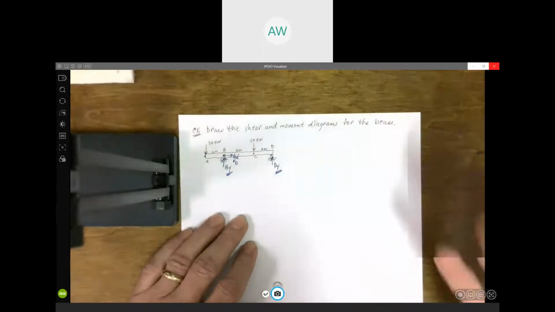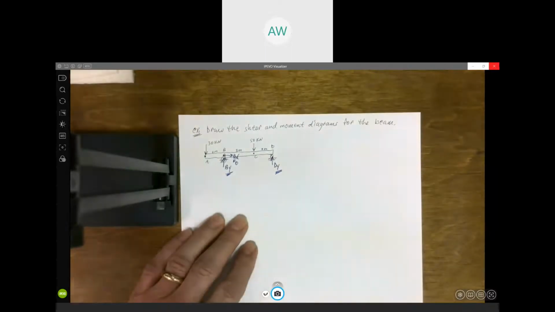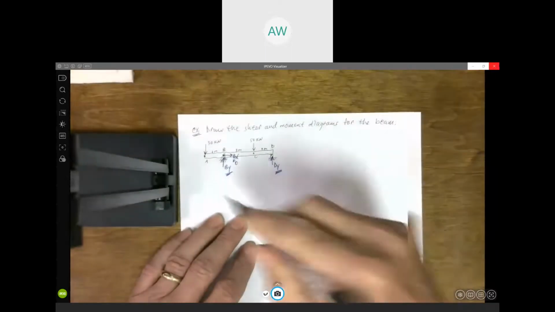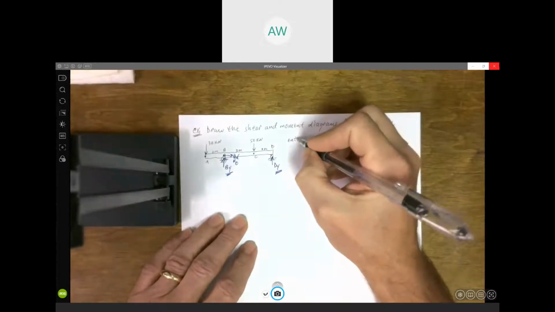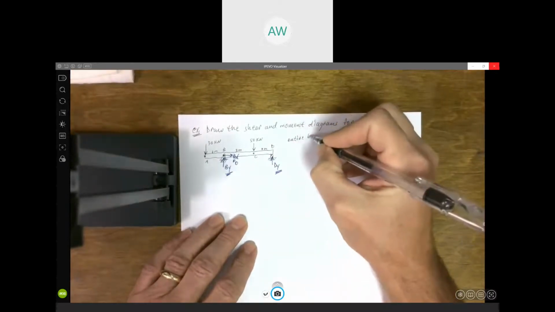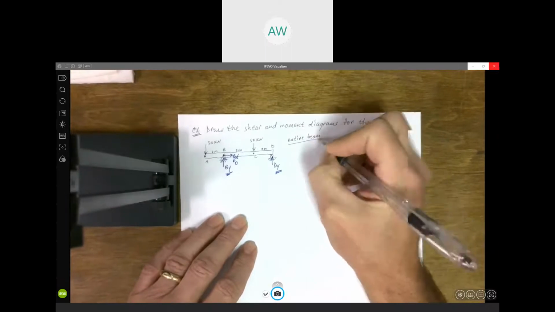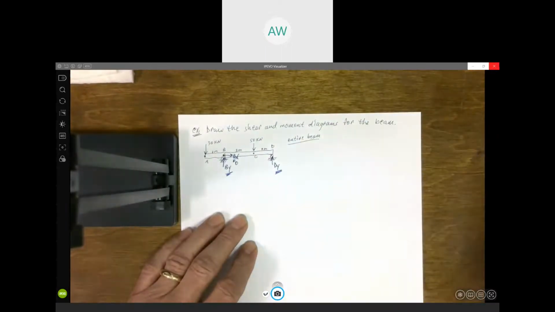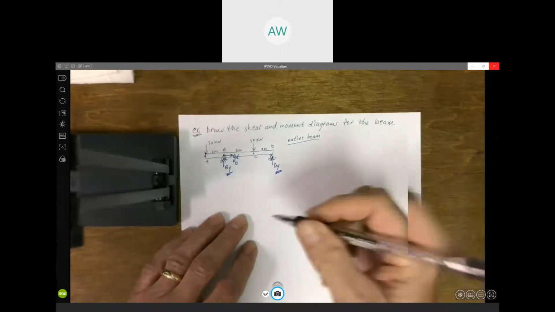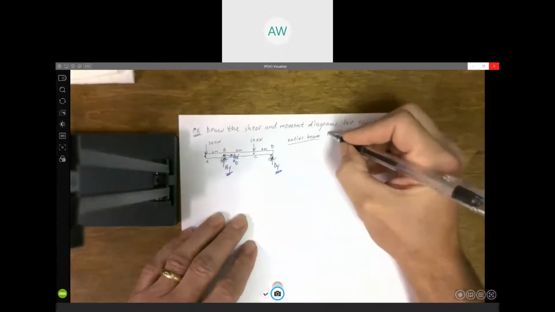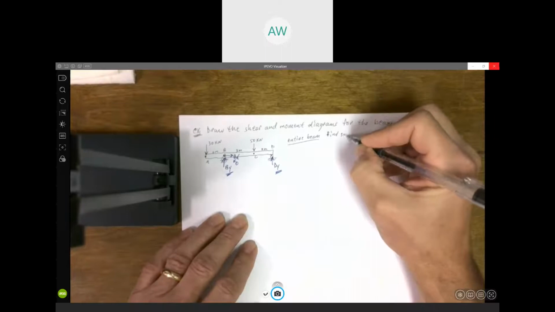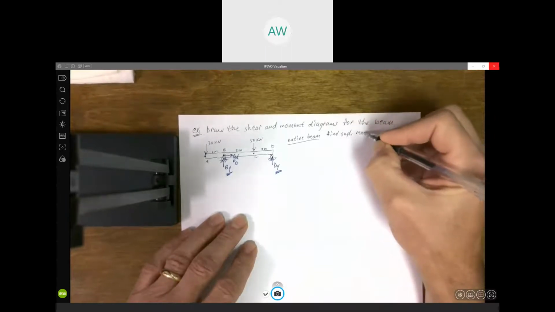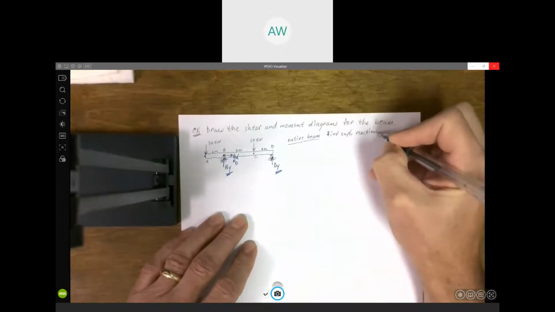We apply our equilibrium equations to the whole structure. We're looking at the entire beam here. We haven't cut it yet. We're going to do that in a minute. We want to find our support reactions.